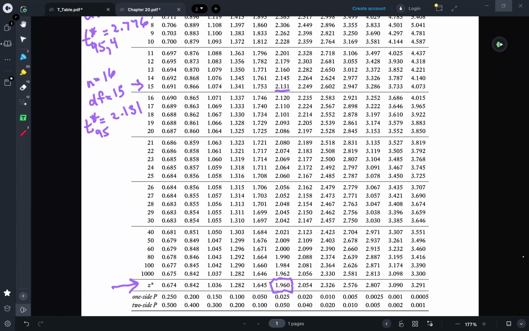You can see even at 1,000 degrees of freedom, it's 1.962, which is really close to 1.96. So those values get smaller. So this whole thing tells us that the smaller the sample, the larger the T value is going to be, which means the wider our confidence interval will be.